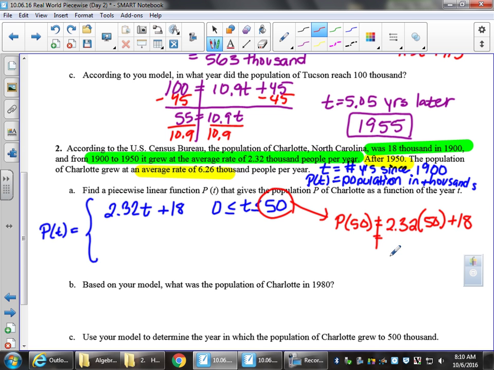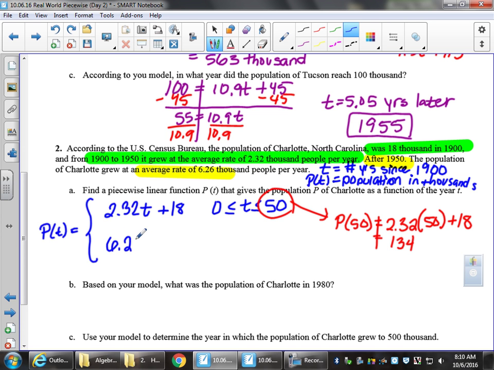Let me know what you get. 134? Who else got 134? Okay. So I know that was the population in that 50th year, but in terms of time, let's first talk rate. What's the rate for the next piece?